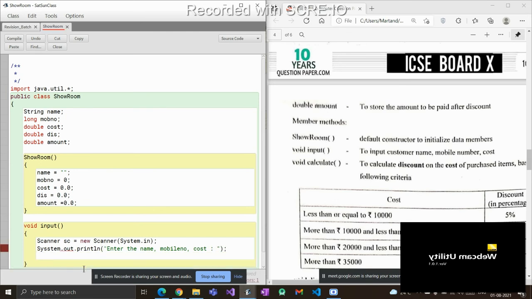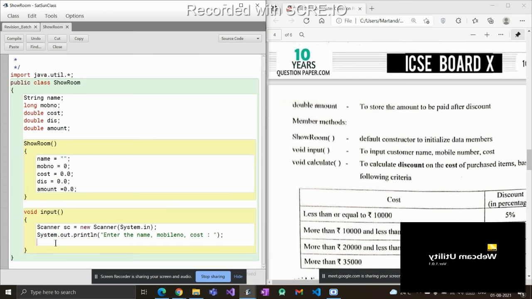Okay, and after this, now pay attention to what I'm doing. For your name, I'll say equal to sc.next. If you want to use nextLine, you can. If you don't want to use nextLine, you can just use next over there. Okay, it doesn't matter. I want to give only my first name over there. So after that, mobile number. So mobno. Remember, whatever variables you have declared over there, the same ones you are using down here.